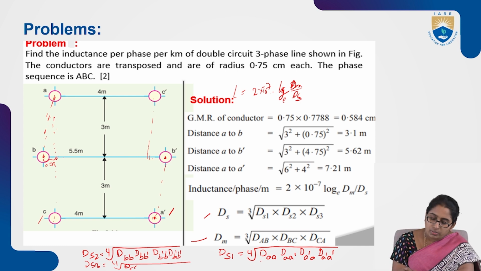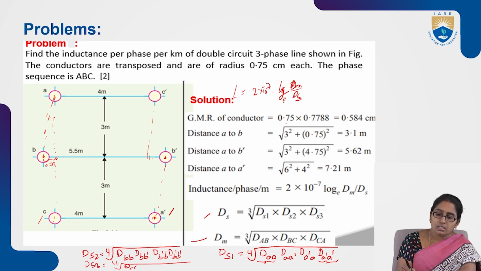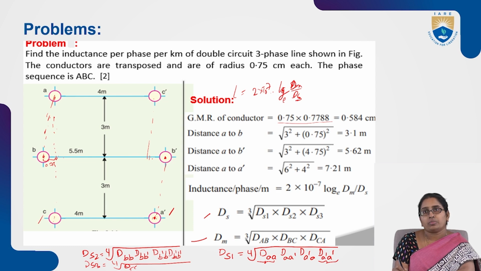Now, what is DAA? Suppose we are calculating DS1. What is DAA? It relates to the radius of the A conductor strand, the A filament. So that is given simply by the radius of the conductor multiplied by 0.7788 R. So DAA or DA dash A dash is 0.7788 into R, where R is given as 0.75 centimeters.